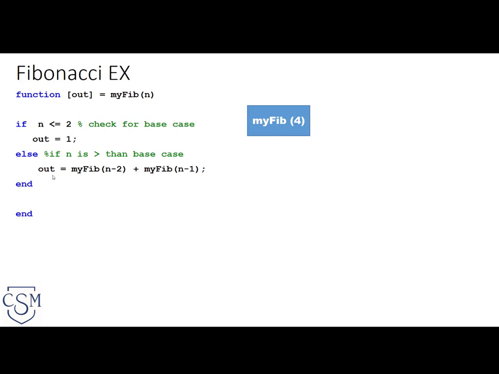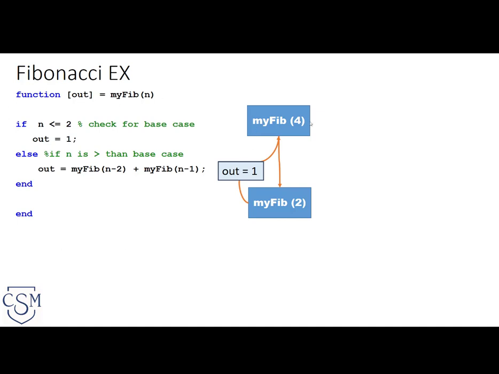Before it finishes making the variable out, it's going to call itself recursively and pass n minus 2, which is 2, to myfib. So now we'd be in a different call of the function. Now we meet the if statement, and we'll pass out back up to the top level.